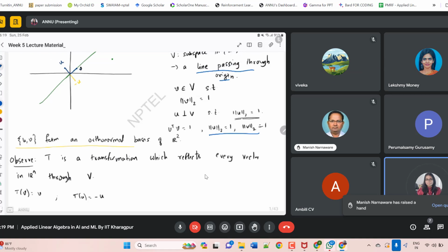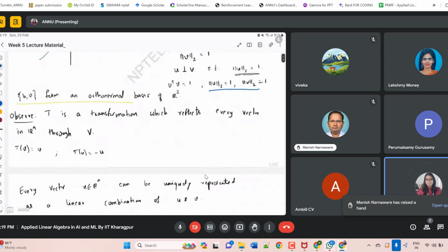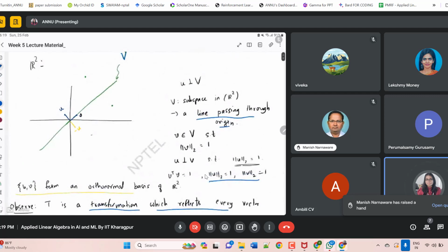We have to observe that T is a transformation which reflects every vector in Rn through V. Suppose you have these three vectors. Now V will act as a reflector, and you have to reflect this particular vector over this plane. Suppose this is a vector V1.